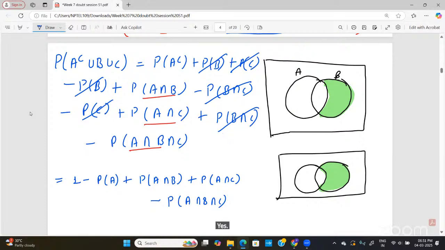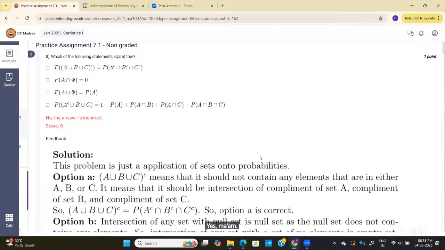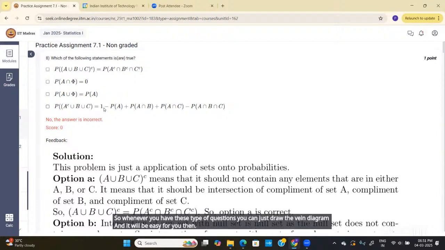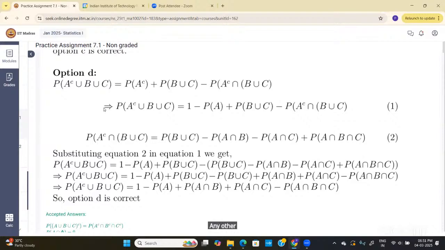Yes, ma'am. Whenever you have these types of questions, you can just draw the Venn diagram and it will be easy for you. Any other question you want me to solve?